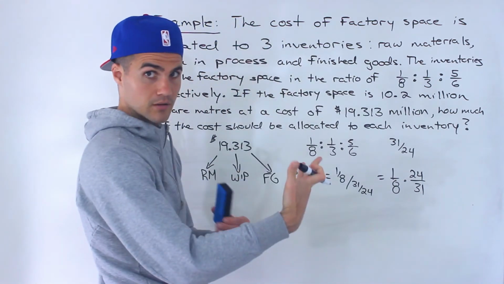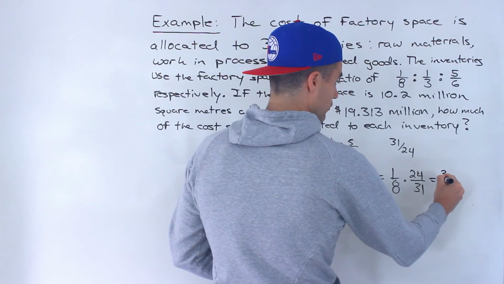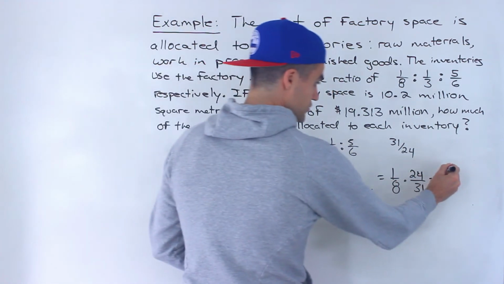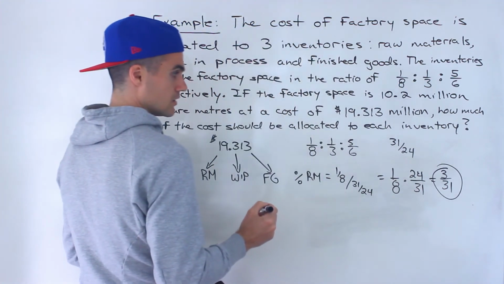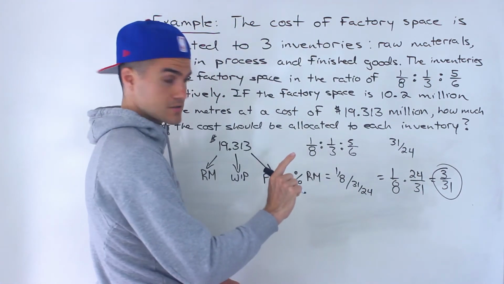We flip that fraction, and 8 goes into 24 3 times, so we end up with 3 over 31. That's the percentage of factory space that raw materials are taking up.